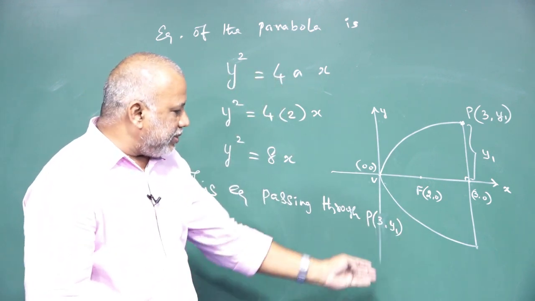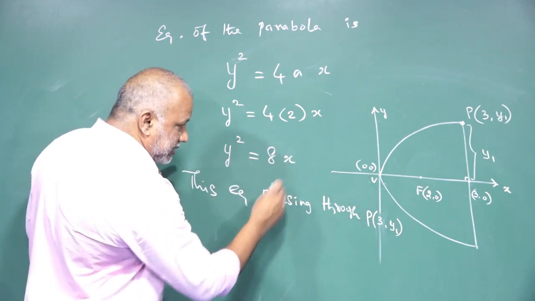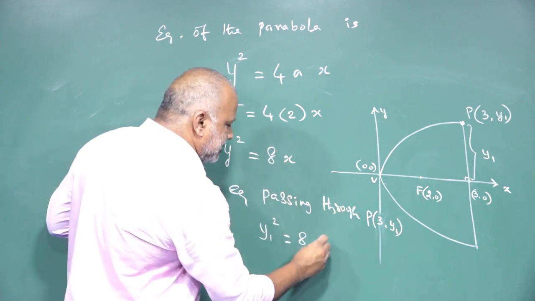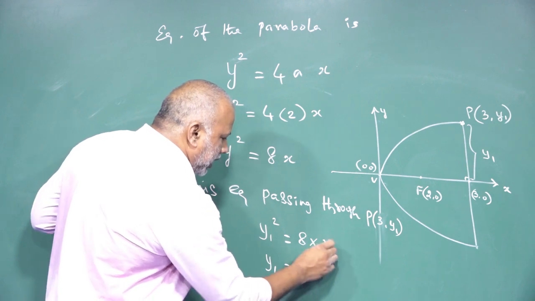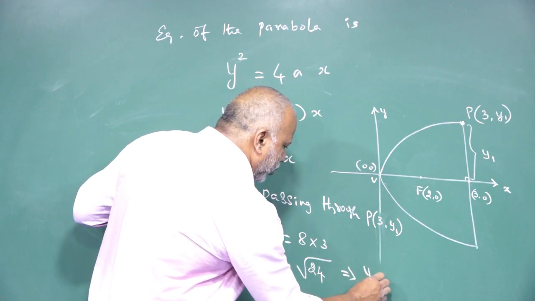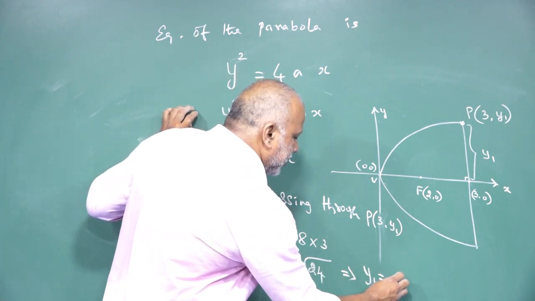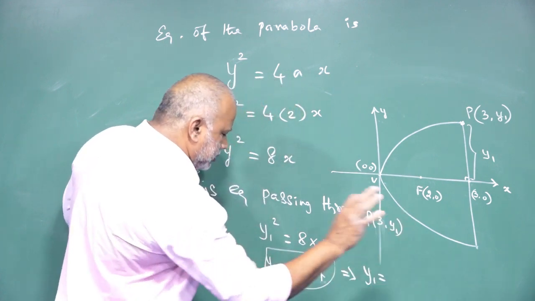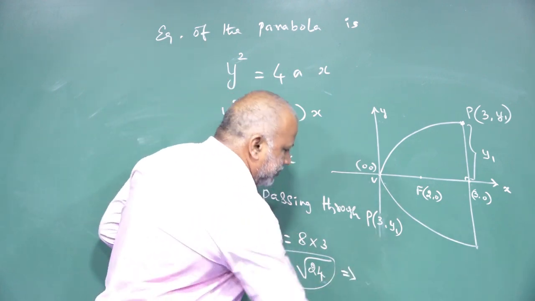A particular equation passing through this particular point, we are able to substitute here. y is replaced by y1, so y1 squared equal to 8 into 3, where x is replaced by 3. Therefore y1 equal to root of 24, which can be simplified as 2 root 6. No need to simplify yet, because we are working out y1. After that we are able to simplify.